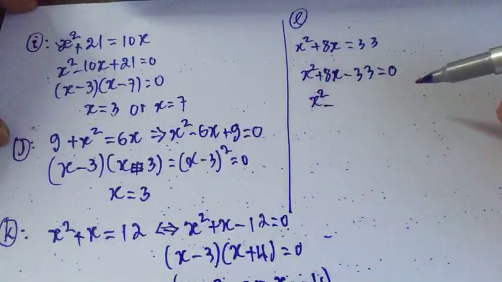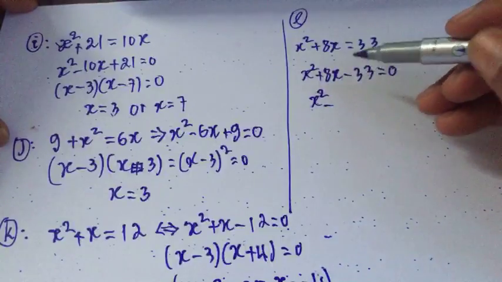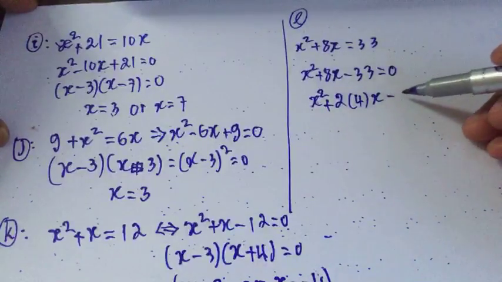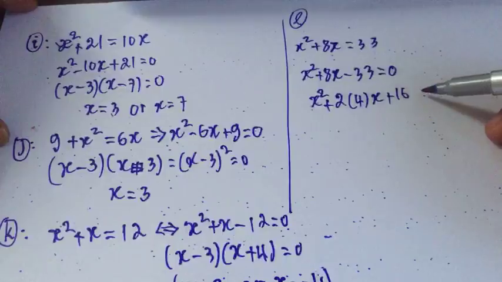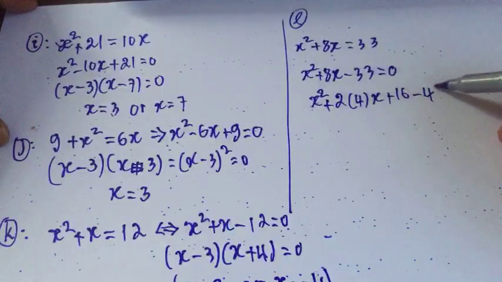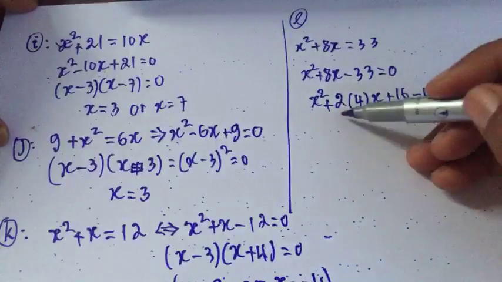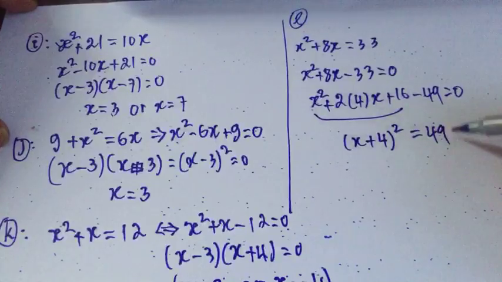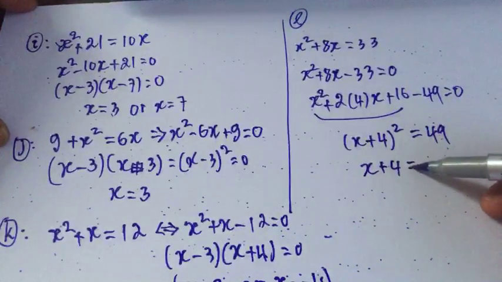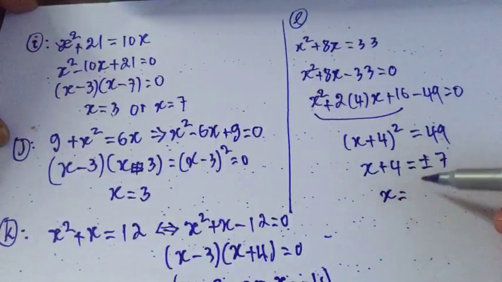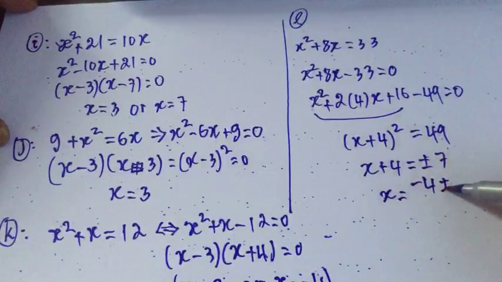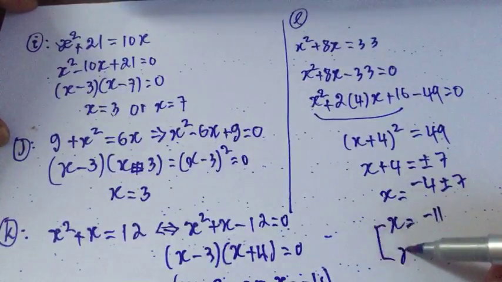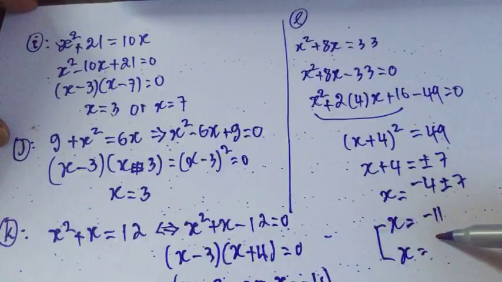We complete the square: x plus 4 squared equal to 49. x plus 4 equal to plus or minus 7, so x equal to minus 4 plus or minus 7, and x equal to minus 11 or x equal to 3.